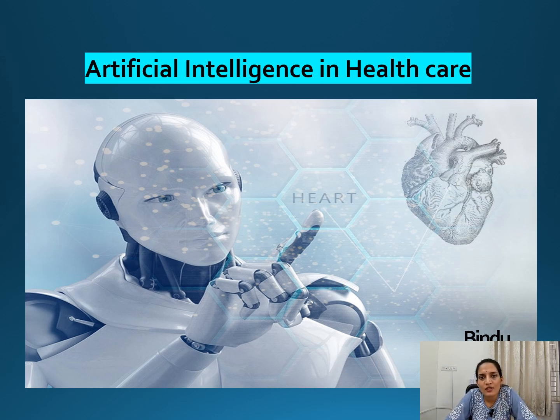So, in today's session, you're going to learn about artificial intelligence in healthcare delivery system. What does it mean? Everywhere in the newspaper, you will come across articles related to artificial intelligence, whether it is about the application of AI in automobiles, the driverless cars that were deployed by Tesla in the US, not here.